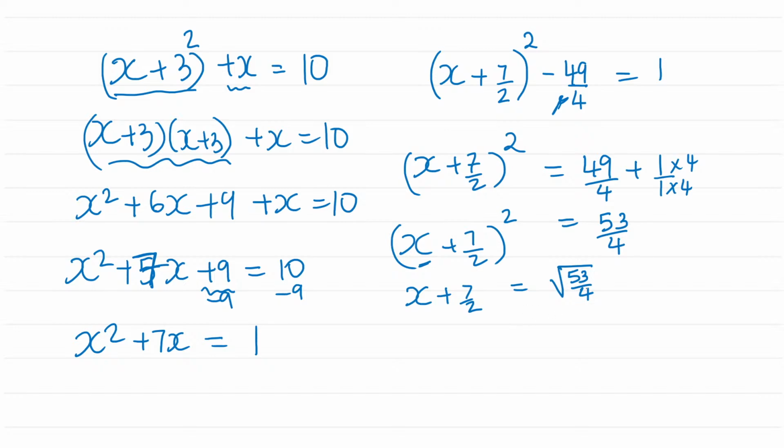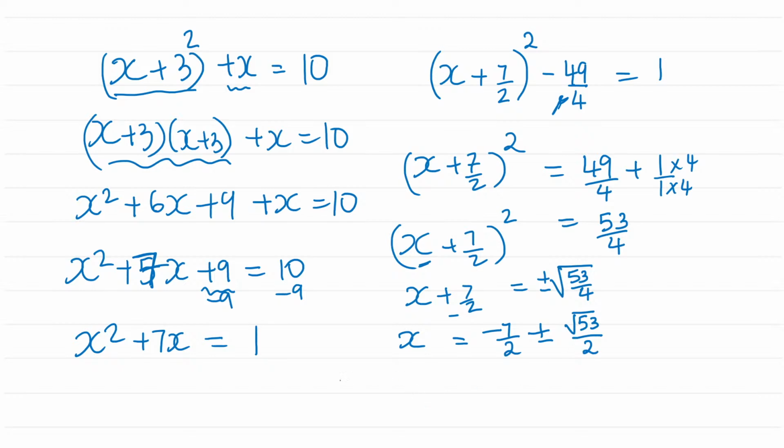Now you know 53, you can take this 4 as over 2. Remember plus or minus, so this is going to be x equals minus 7 over 2 plus or minus square root of 53. This 4 can now become a 2.